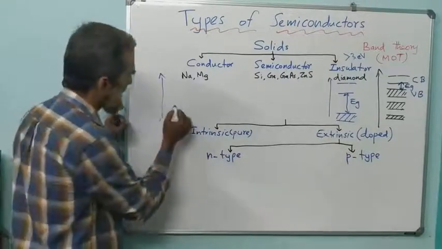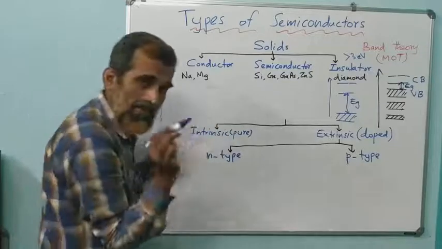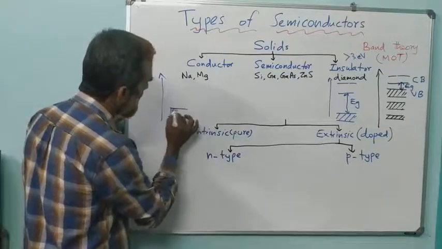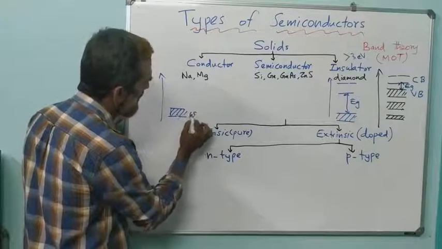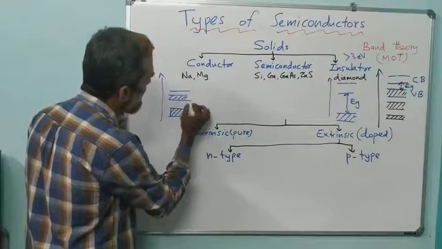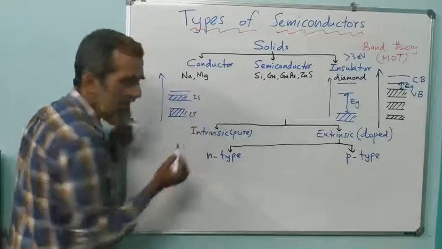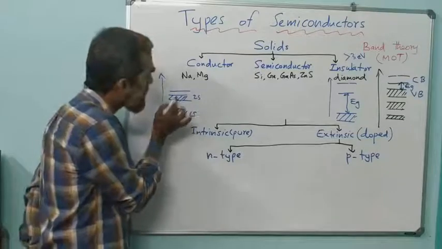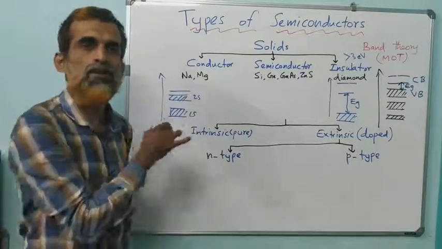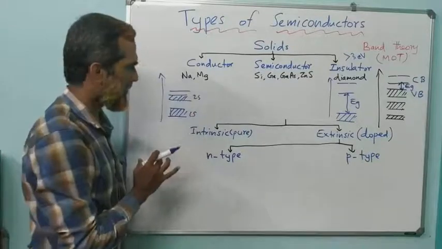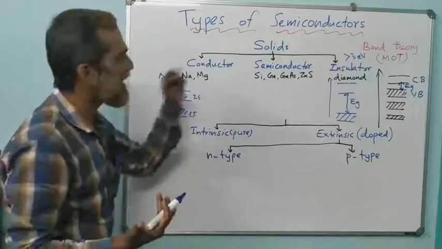Sometimes, as in the case of lithium, this is the 1s band, and what about 2s? It is partially filled, right? Since it is partially filled, electrons can move within this band itself, which leads to conduction.